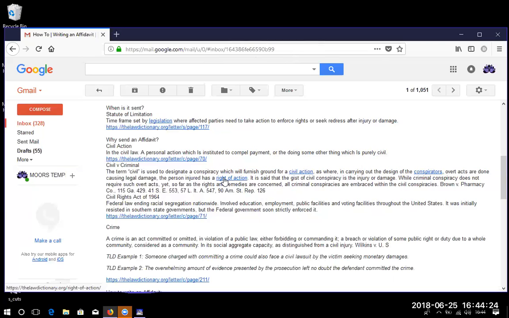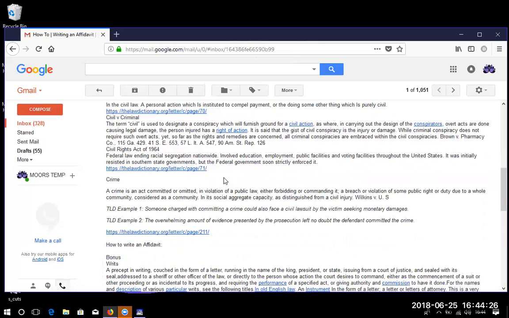But let's go ahead and define crime. A crime is an act committed or omitted in violation of a public law, either forbidding or commanding it. A breach or violation of some public right or duty due to a whole community, considered as a community in its social aggregate capacity, as distinguished from a civil injury.